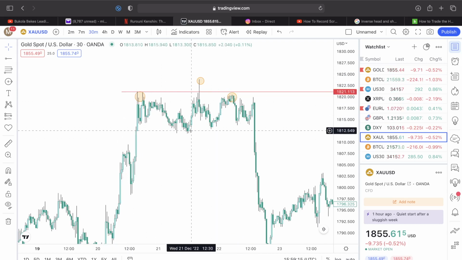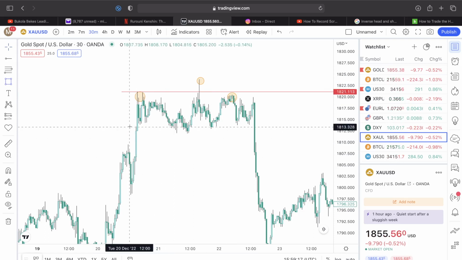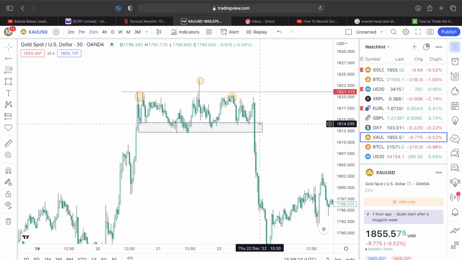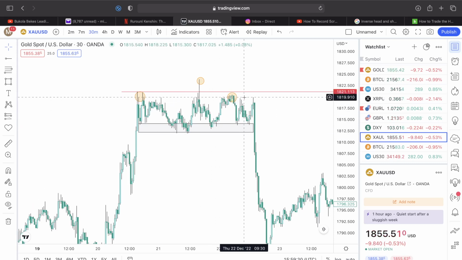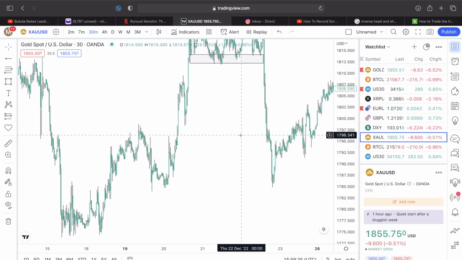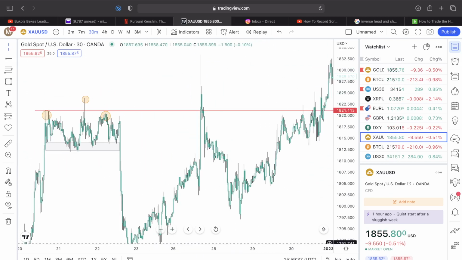The neckline is here, I'll say it's a big one, but almost here. It wasn't able to break it. It came up again, retested the previous high, came up, retested again, and then boom, started breaking through, and it changed the direction of the market.